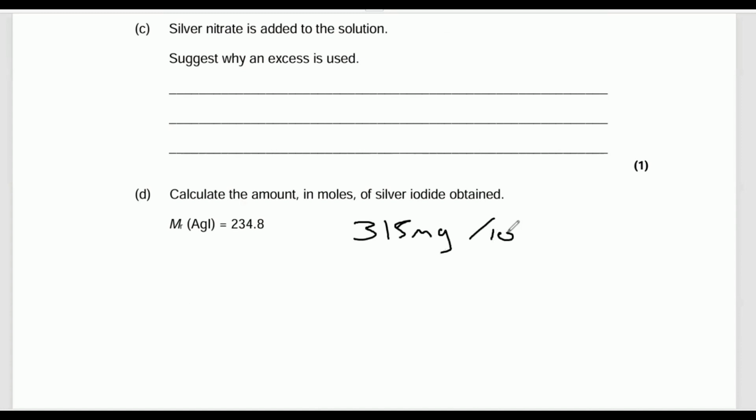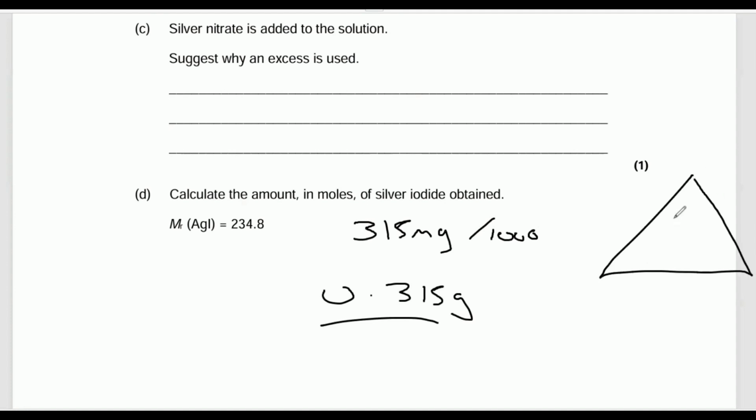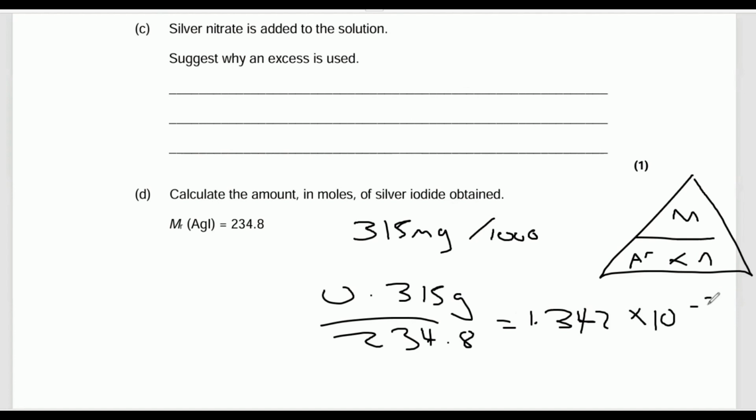If I divide that by 1,000 to turn it into grams, that's 0.315 grams. I'm then going to do the old mass over Ar or Mr, however you like to write it. We've been given the Mr is 234.8, and that is going to give us our number of moles, which is n. 0.315 divided by 234.8 equals 1.34, roughly, times 10 to the minus 3 moles.